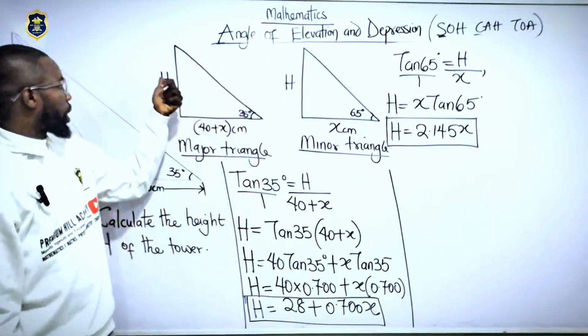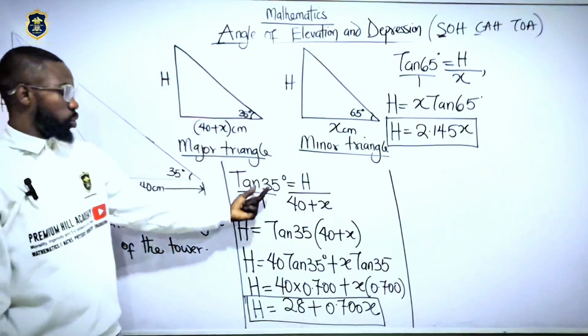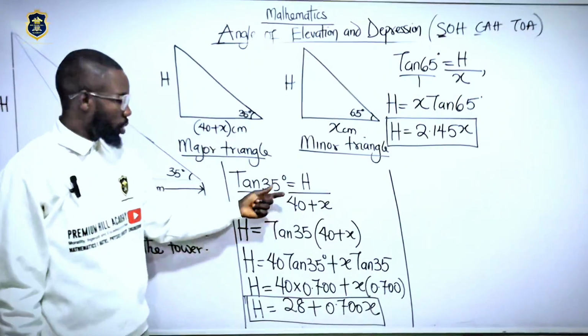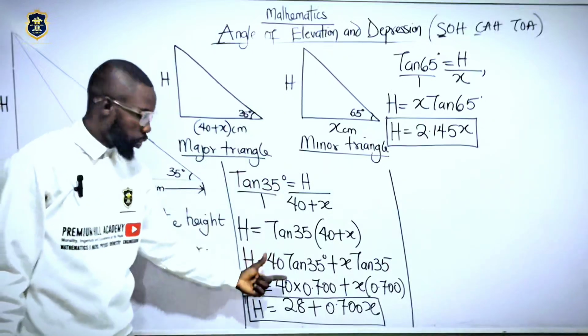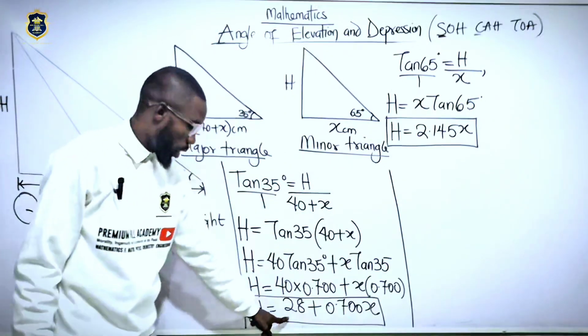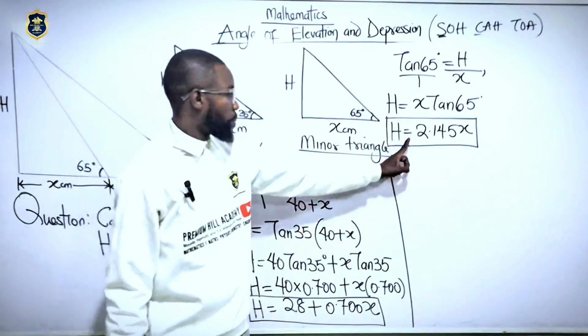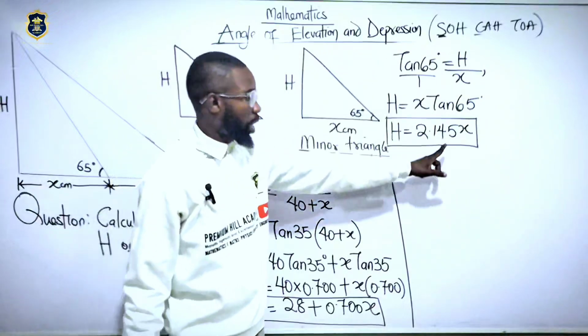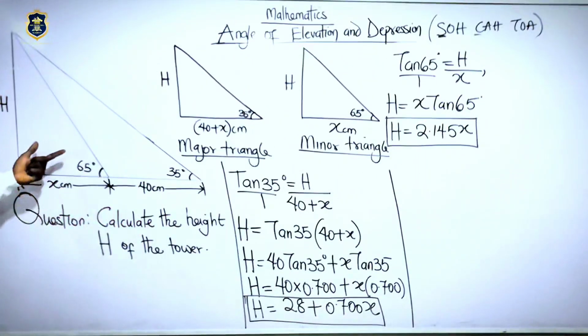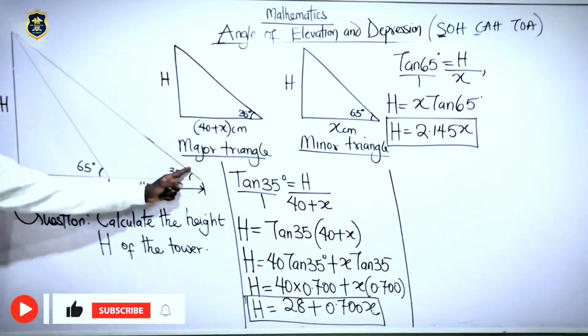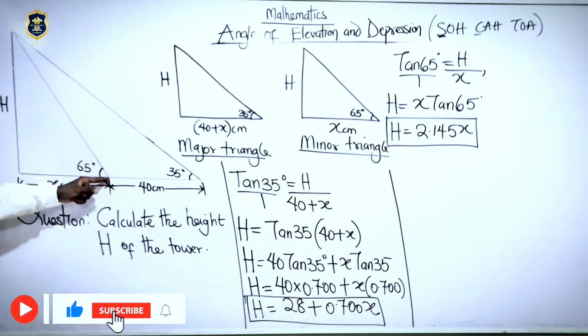So if you look for the height by using the trigonometric relation, tan 65 equals h over this, and perform the arithmetic operation, we're going to end here. Also for the minor triangle, perform the arithmetic operation, we're going to end here. But that's not all. Both the major triangle and the minor triangle are sharing one height.